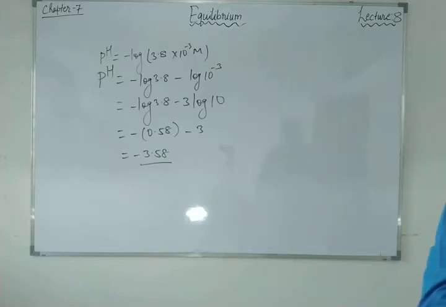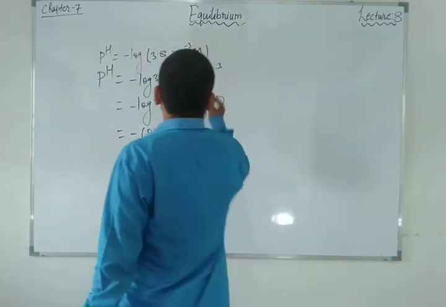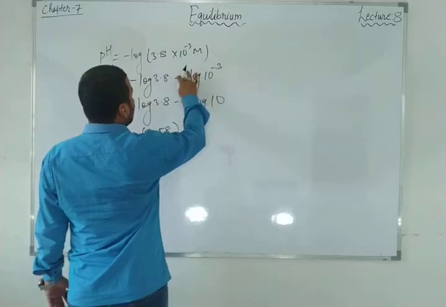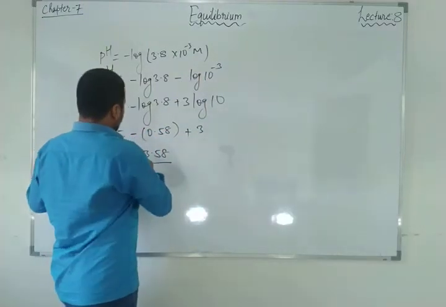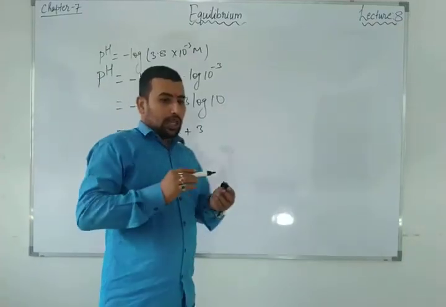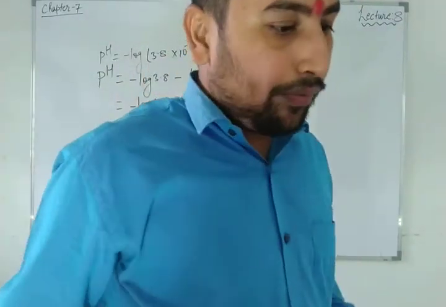What we have to do here, minus minus, it will be plus. Minus minus plus, 3 log 10 gives plus 3 here. So here 3 minus 0.58.